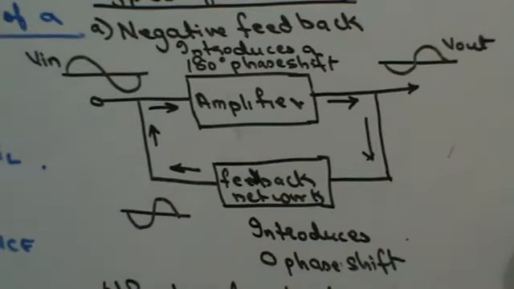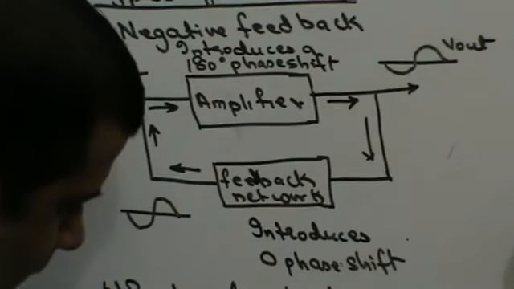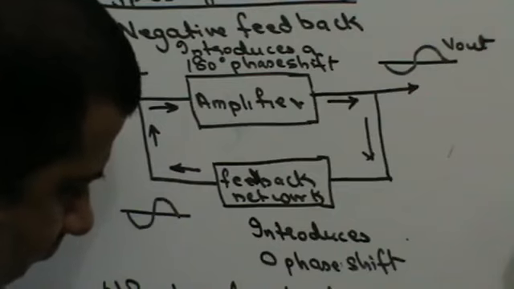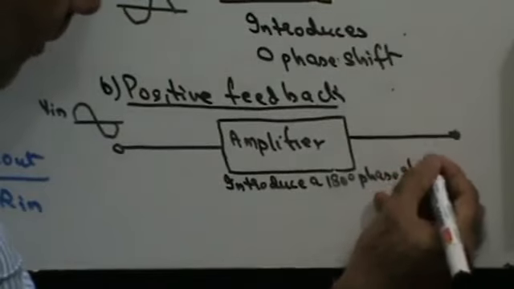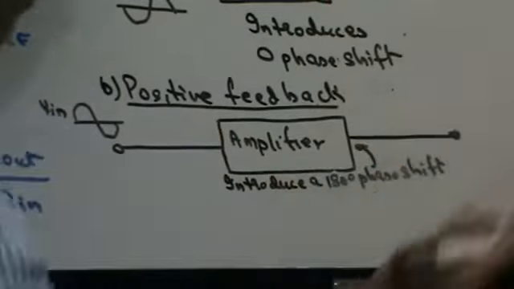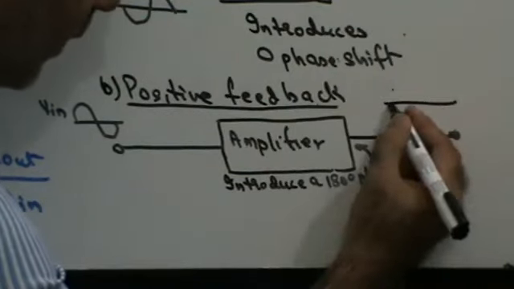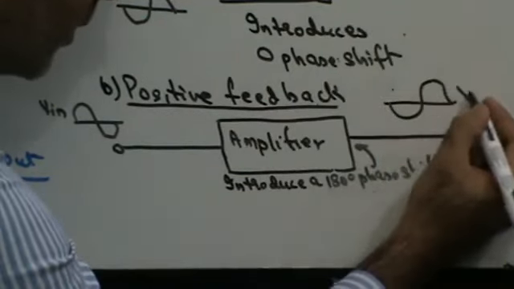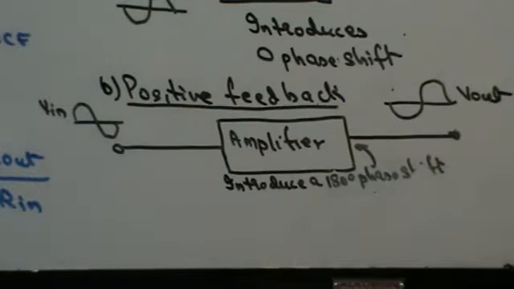The amplifier will introduce a 180-degree phase shift. This is what the amplifier is going to do. Hence, my output is going to be 180-degree out of phase. This is going to be my V out.